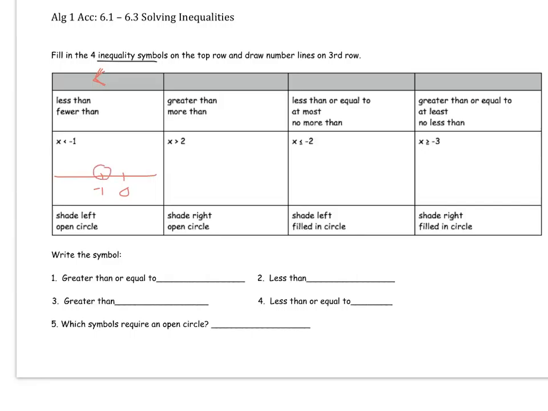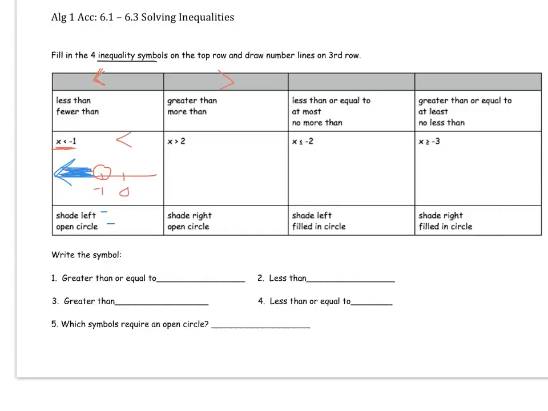Since it's x is less than -1, we always want the x to be on the left of the equation when we're graphing it, and the less than symbol is pointing to the left, so that means we are going to be shading to the left. Less than -1 is an open circle and shaded to the left. Open circle, shade left.